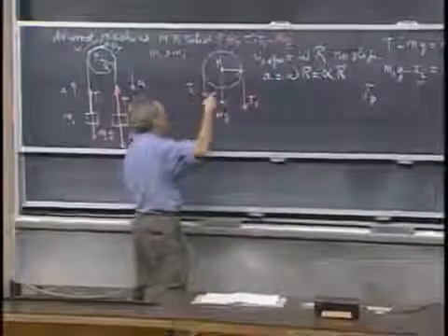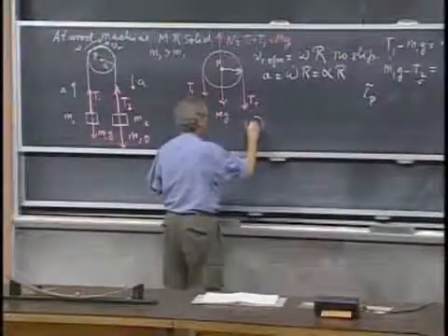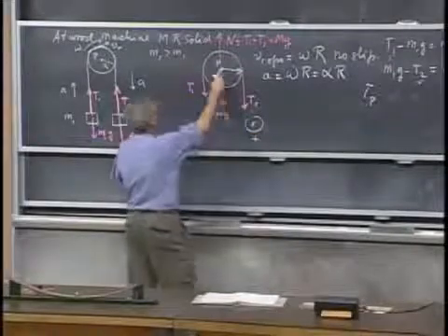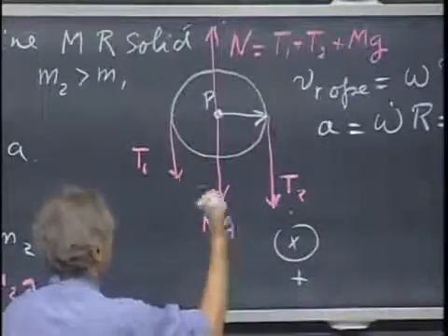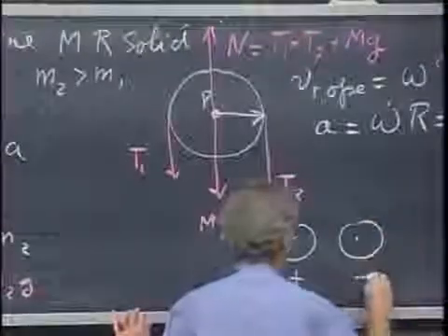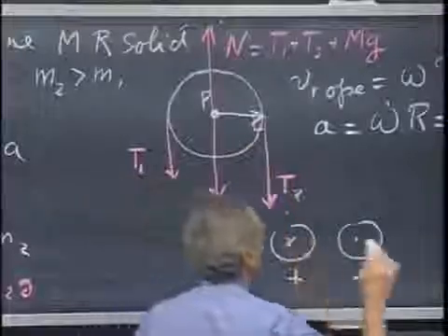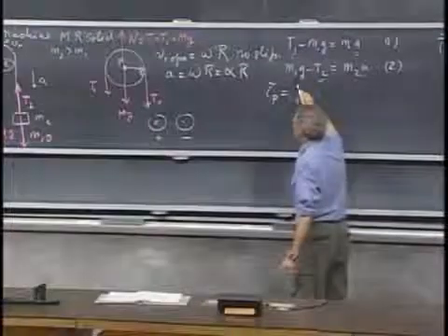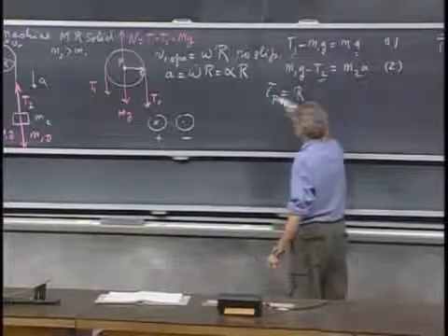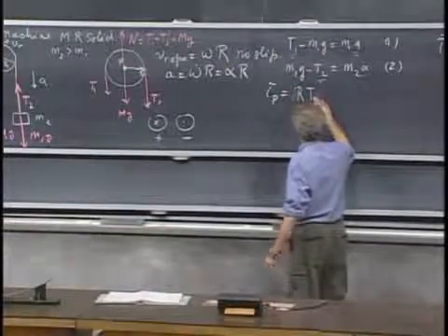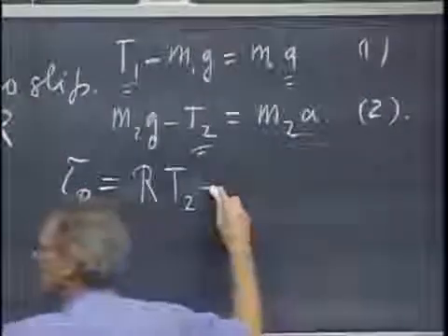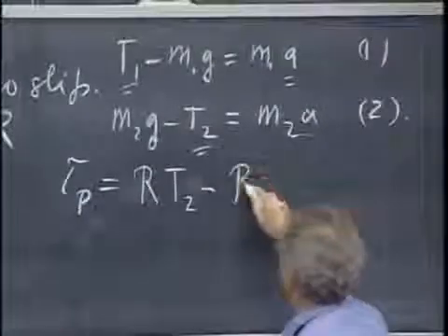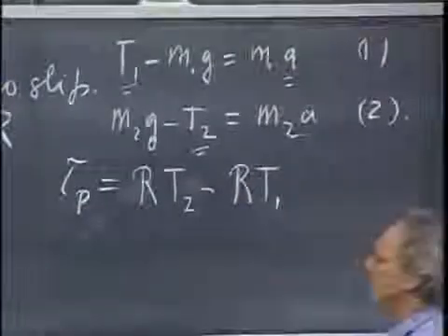That is a torque into the blackboard. What is into the blackboard I will call positive. The torque due to this force is out of the blackboard, and I will call that negative. Since this angle is 90 degrees, I simply get that the torque relative to point P equals the radius of the cylinder, the radius of that pulley, times T2. That's the positive part, and the negative part is the radius times T1.